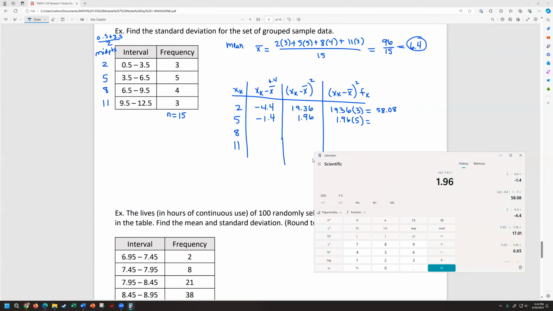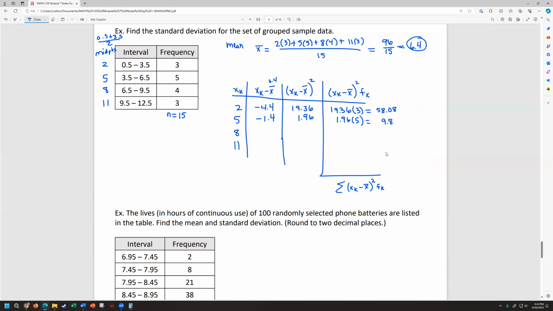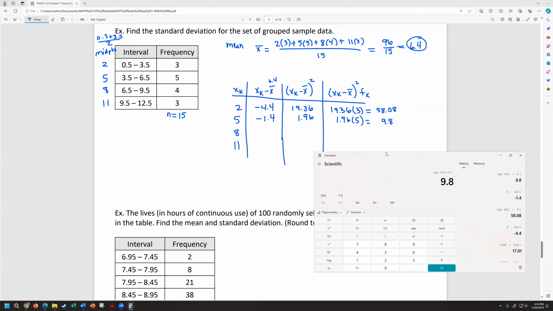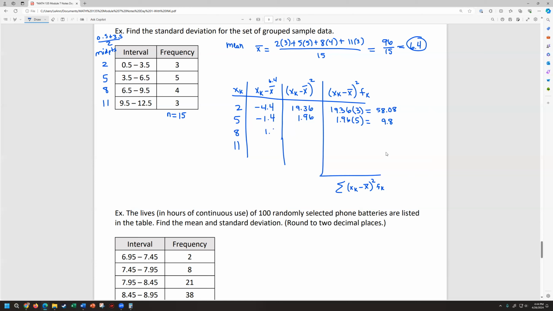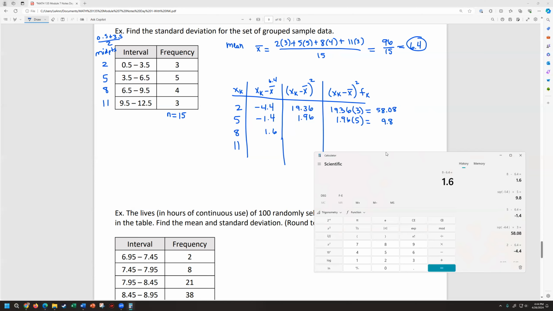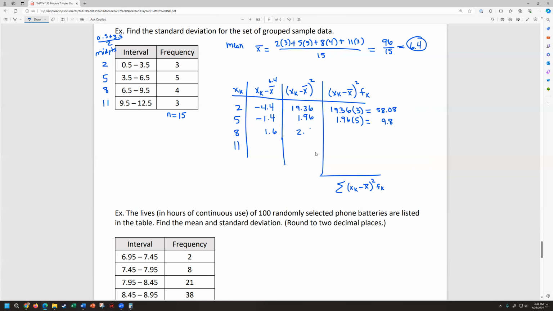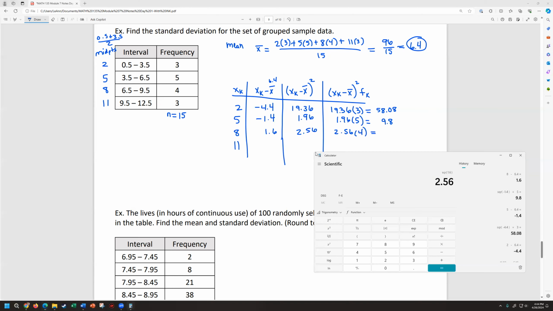So 1.96 times the 5 is 9.8. Okay, then we're going to do 8. 8 minus 6.4 is 1.6. We square that, we get 2.56. We take the 2.56, we multiply it by the frequency of that row, which is a 4, and that'll give us the value that we're going to sum.